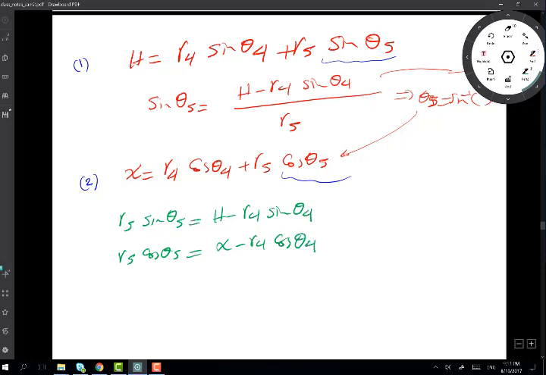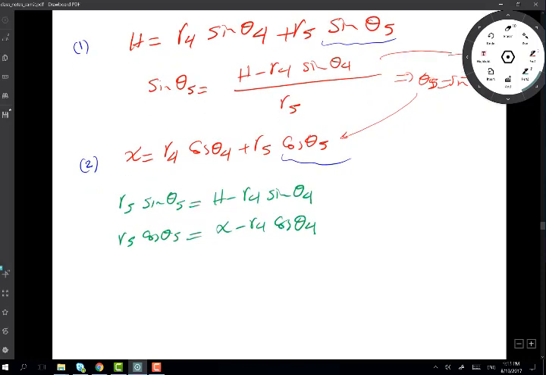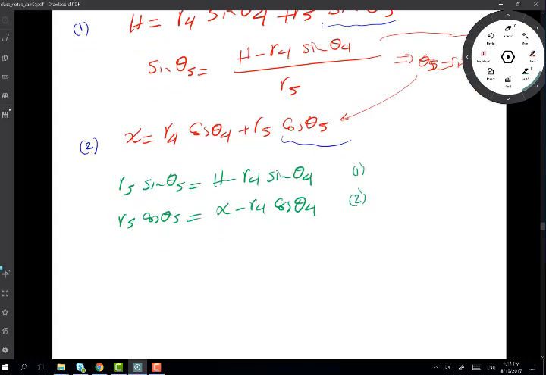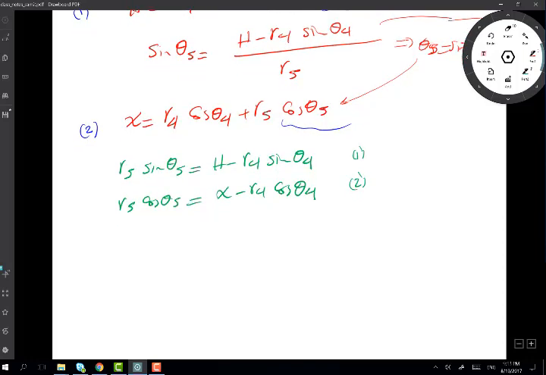So I have those equations now. This was equation 1, so that's 1 dash now, and this is 2 dash, just rearranged. Now, with this set of two equations, how do I get rid of theta 5? I want you to pay attention because this is something we're going to do a fair bit.